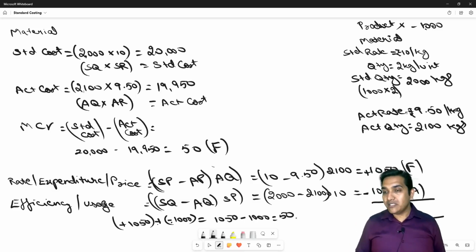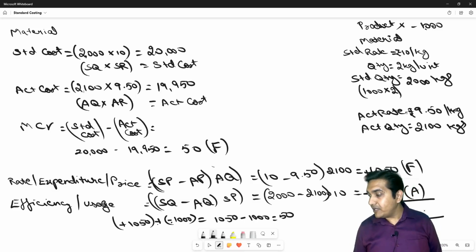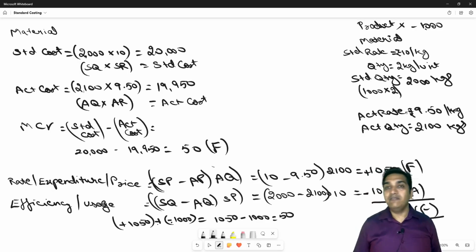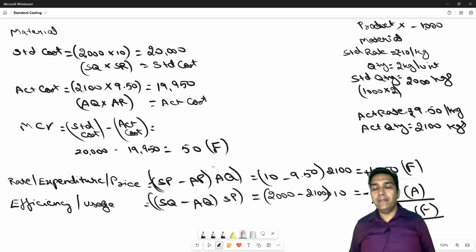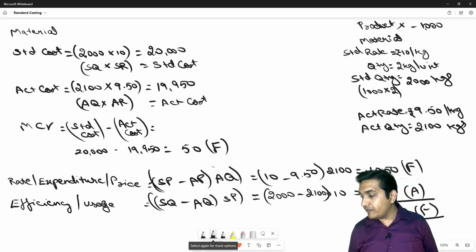What 50? Positive 50. So if it is positive 50, we will write it as favorable. So my total material variance is 50, which is the same as what we computed earlier, material cost variance 50.